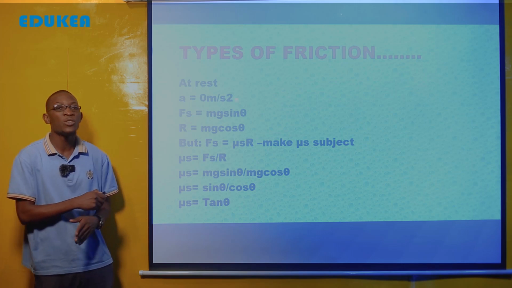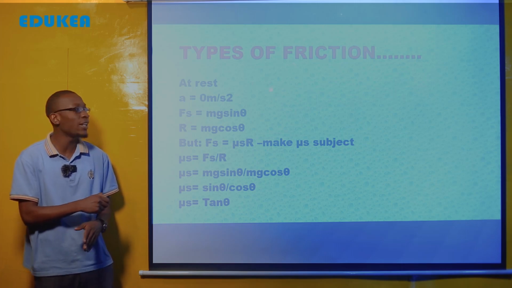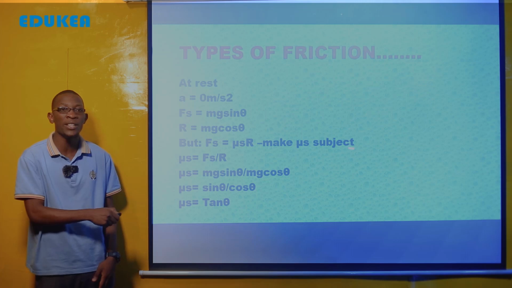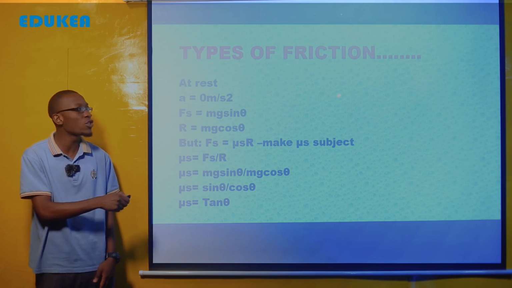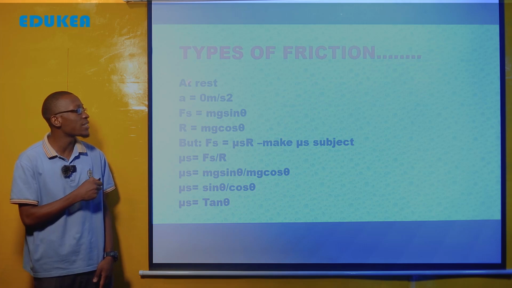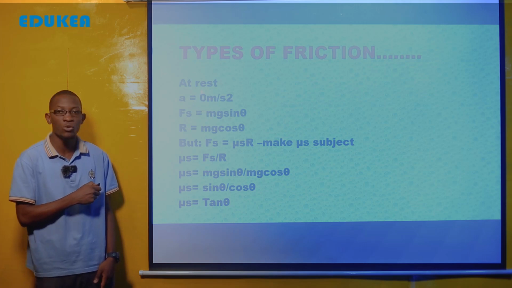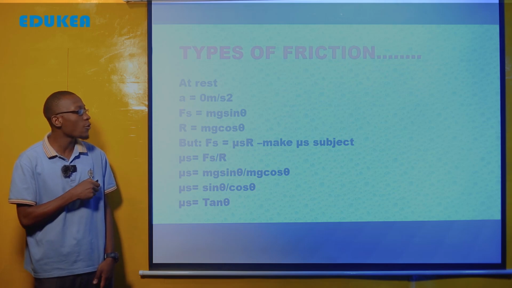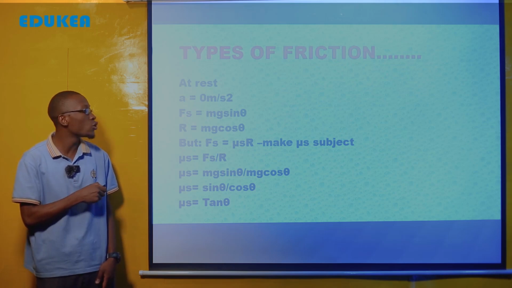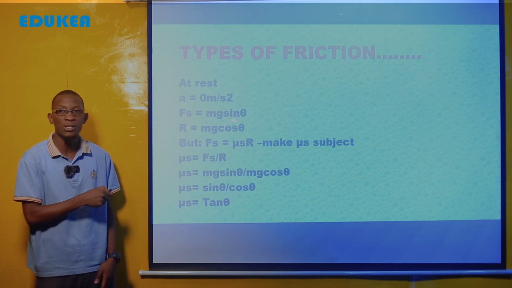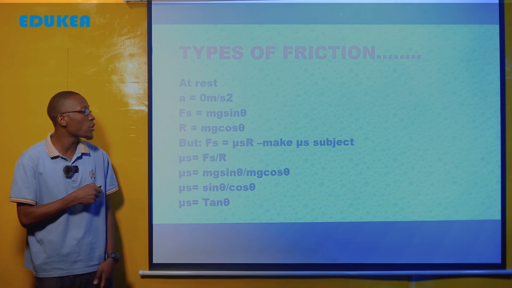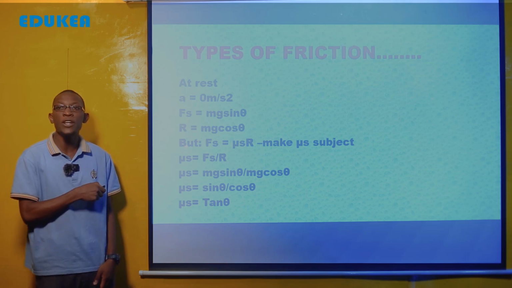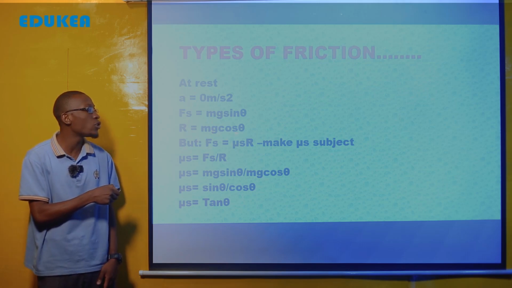Since the change of velocity is zero, and acceleration is equal to change of velocity divided by time, zero divided by t gives zero. So once the body is at rest, acceleration is equal to 0 meters per second squared. The frictional force of the body when it is at rest is equal to mg sin theta, and the normal reaction of the body when it is at rest is equal to mg cos theta.